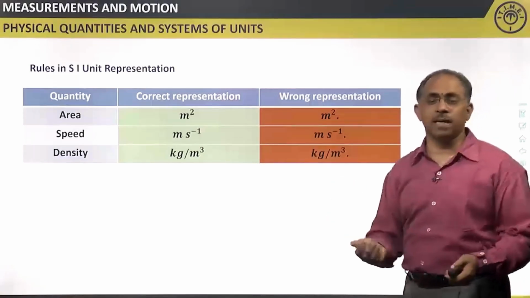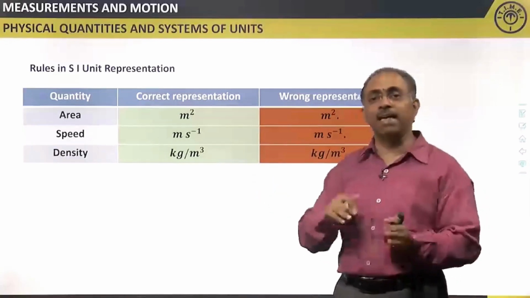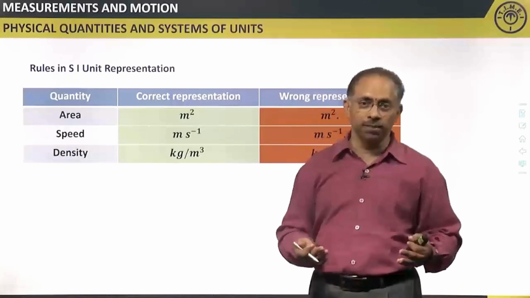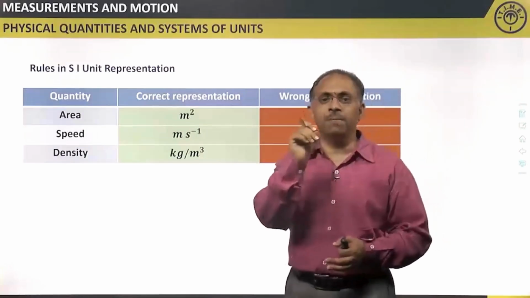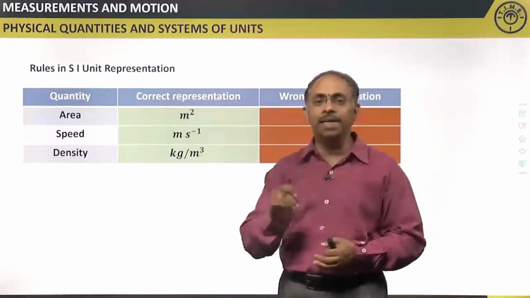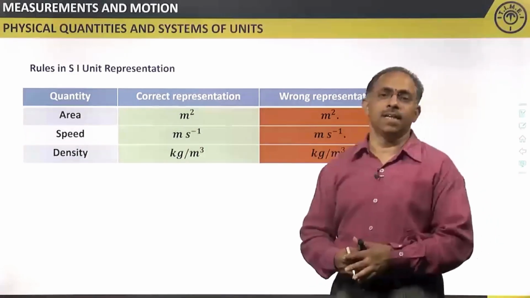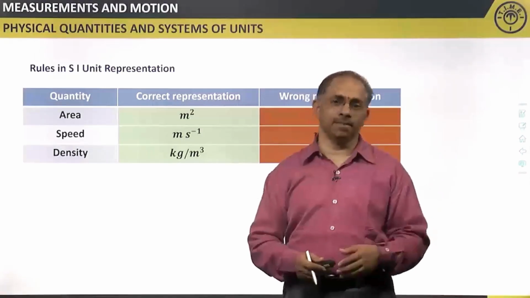Now a question will come: suppose this particular unit is coming at the end of a sentence, then how? We know as per English punctuation, after a sentence ends, we keep a full stop, indicating that the sentence is completed. Suppose I say, a boy is running at a speed of 3 meters per second.